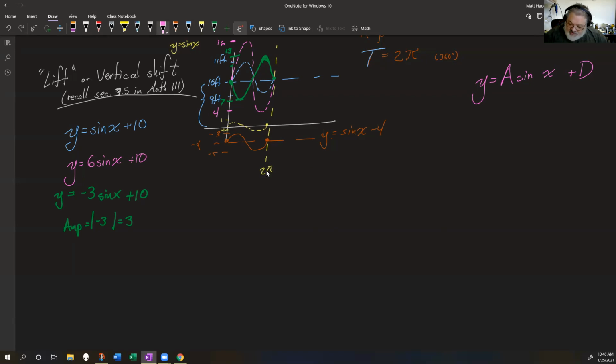But again, all of these have a period of 2 pi, about 6.28. What if we want that period to be something different? Well, what do you want that period to be?